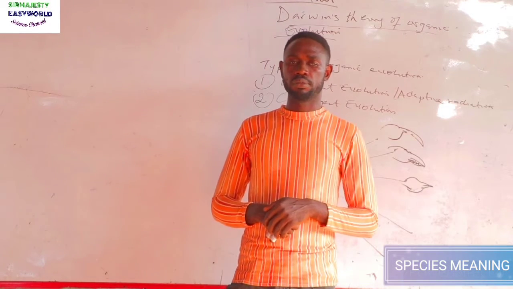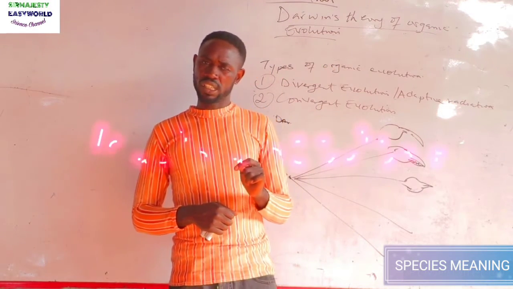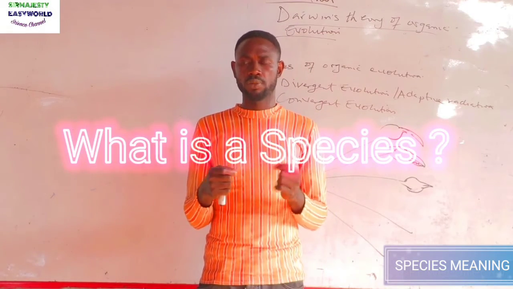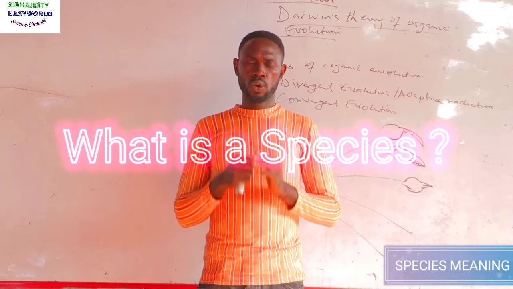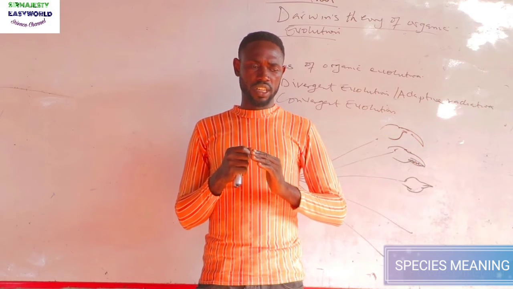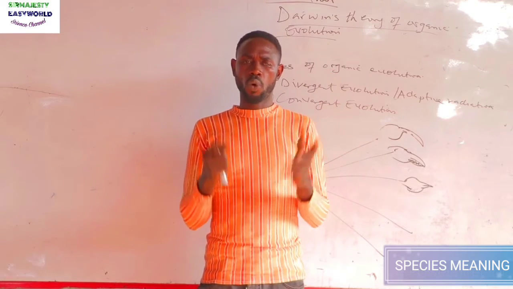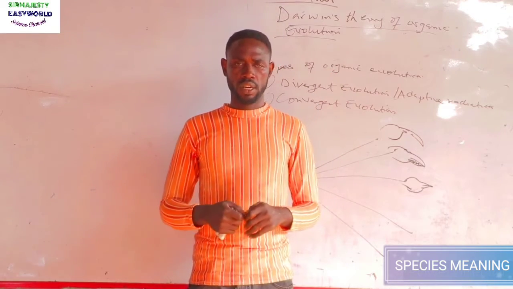Now it is time for you to understand what a species even is, because this is where the argument lies. That will enable you to know evolution on a small scale, on a larger scale, micro, divergent, convergent. What is even a species?